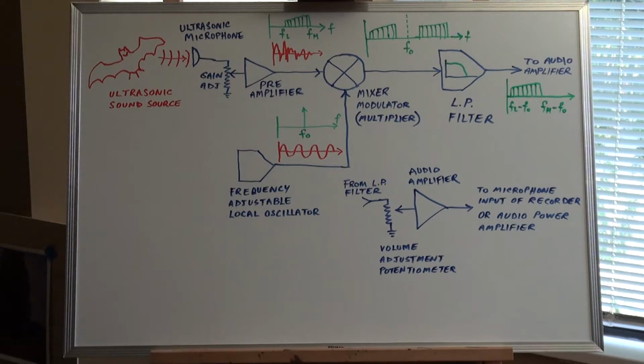I'm using a color coding here, where blue is the functional block diagrams, functional components of the ultrasonic listener, and the outputs of the various stages of the ultrasonic listener are shown either in red or green.